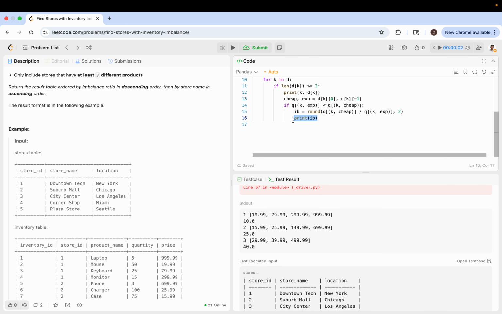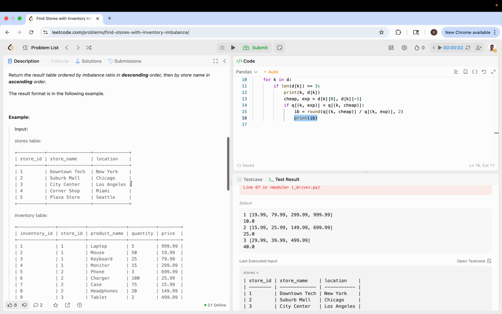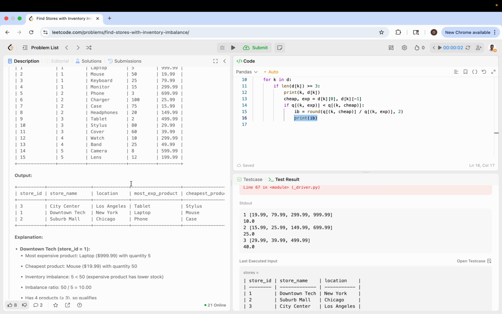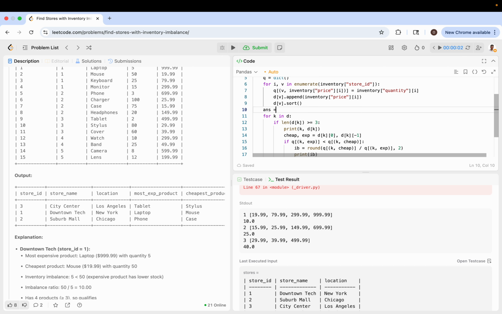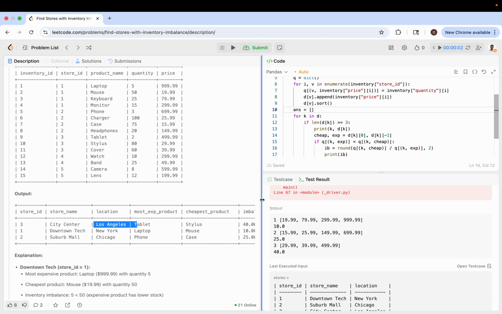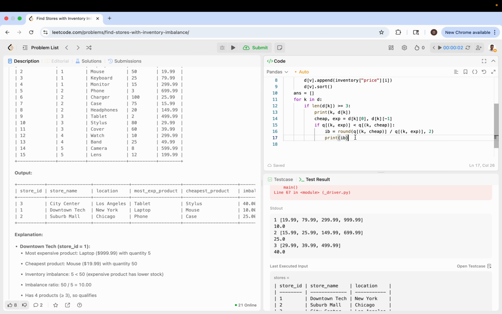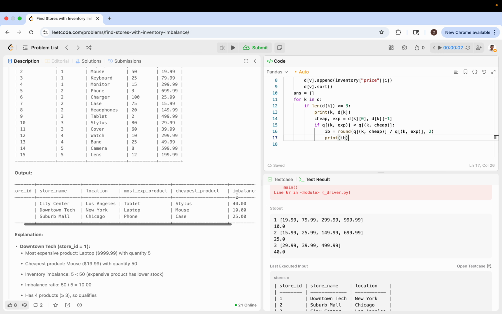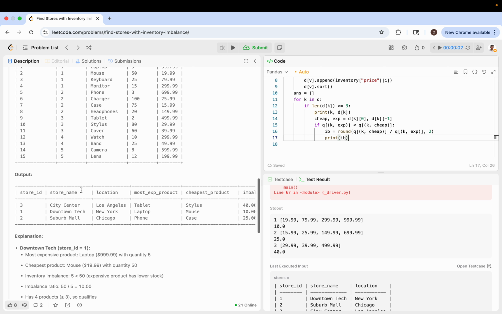We now have to just gather all the results and put them into an answer array, because we want the store ID, which is this, and then the store name and the location, and then okay, so now we have the first and the last answers, which is the imbalance, but we want the name, the location.